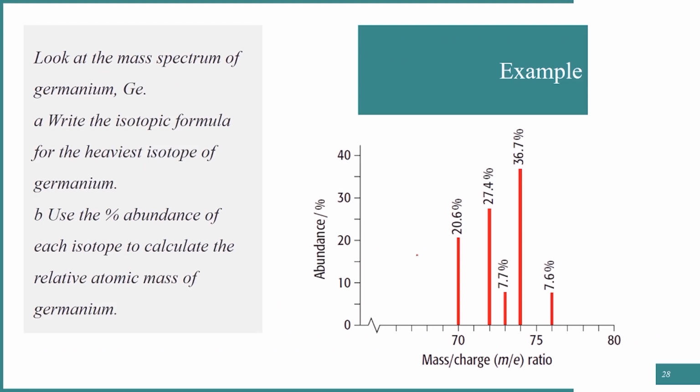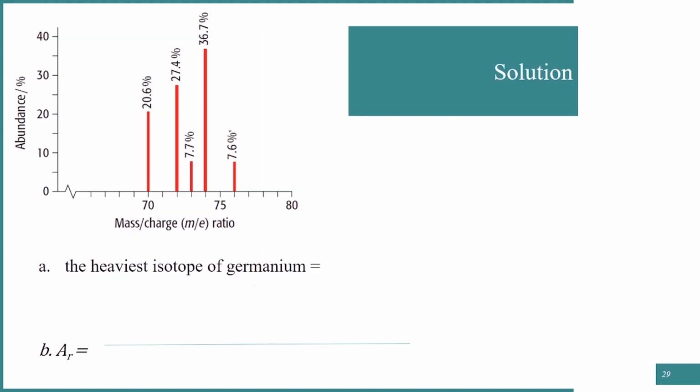Let's solve this example to understand the relative atomic mass. Look at the atomic mass spectrum of germanium. Write the isotopic formula for the heaviest isotope of germanium. Use the percentage abundance for each isotope to calculate the relative atomic mass of germanium. First, the isotopic formula for the heaviest isotope, germanium-76, is germanium-76, or we can write it as 76Ge.